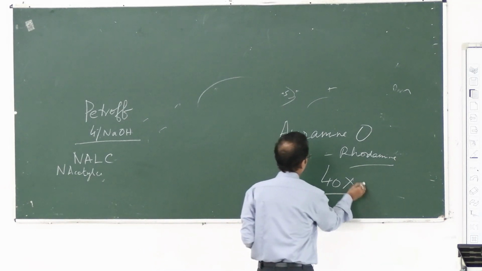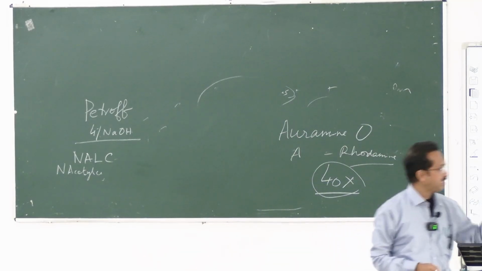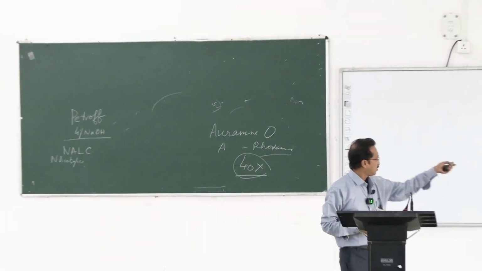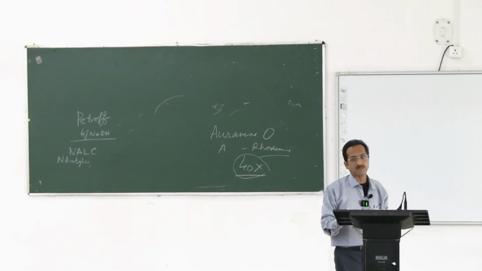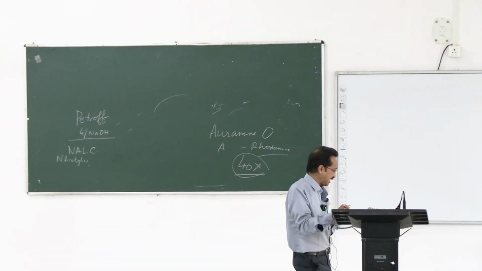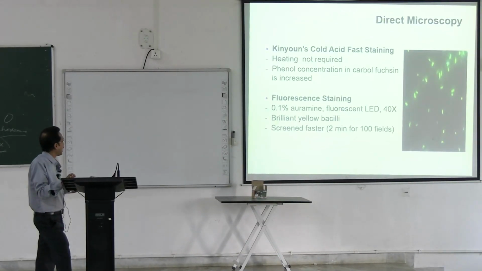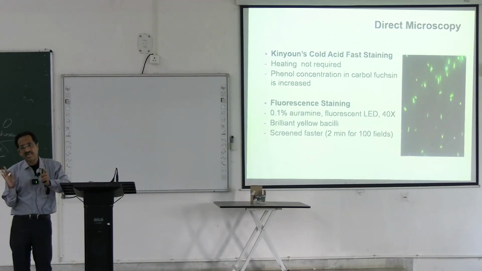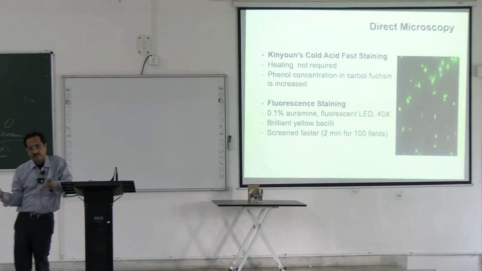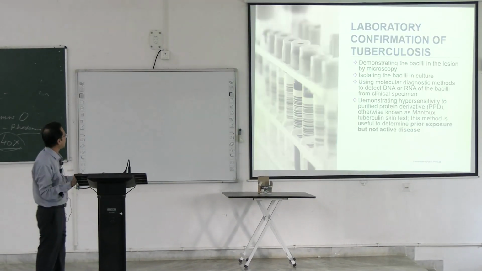So you can scan quickly. That is the advantage. Brilliant yellowish green bacilli, 2 minutes for 100 fields. An expert technician can screen the slide within 2 minutes, and that cannot be done in a normal light microscope. You should have a fluorescent microscope for that.